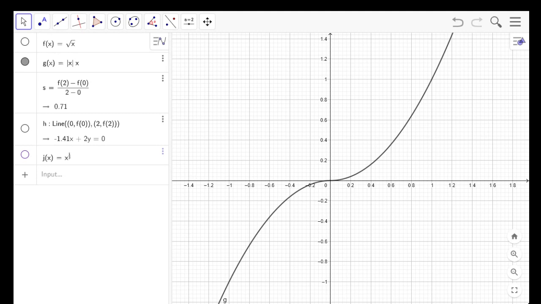Can anyone say something a bit more graphical, or some other way of justifying why it's differentiable at x equals 0? Smash that chat button. If you were justifying this, how might you do it in an informal way?